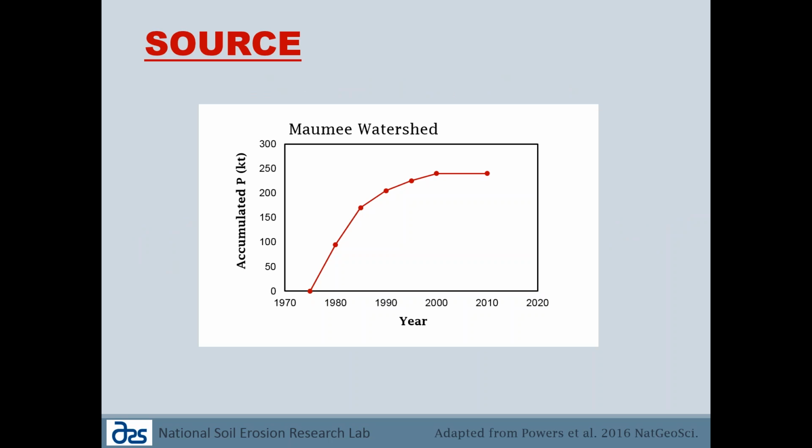So if we look at a broad perspective across the western Lake Erie Basin, specifically in the Maumee watershed, this is a study that looked at the inputs and outputs of phosphorus into the Maumee watershed since the 1970s. What this study showed was that since the 1970s, we've been accumulating a pretty substantial amount of phosphorus in our fields.